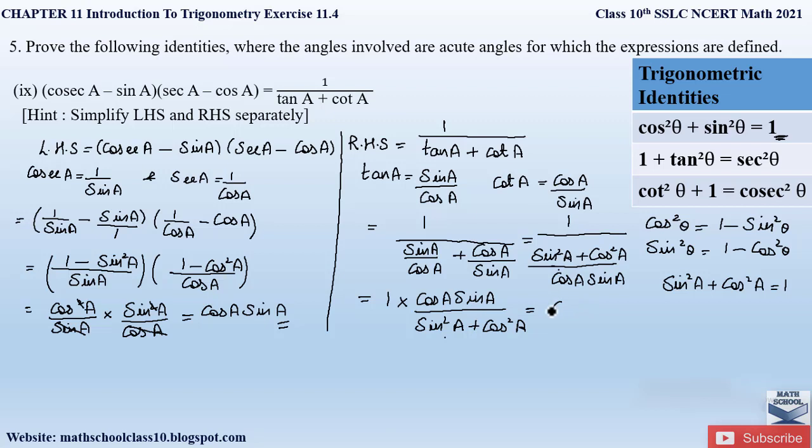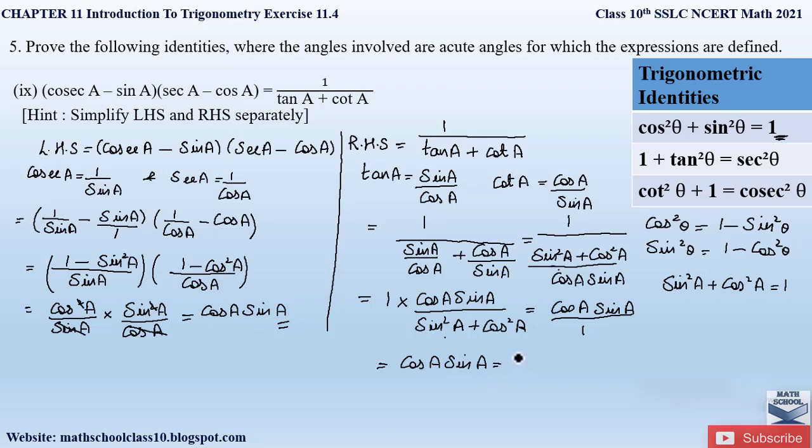So we have cos A into sin A divided by 1. Anything divided by 1 is itself, cos A into sin A. So we have got the right hand side also equal to cos A and sin A.